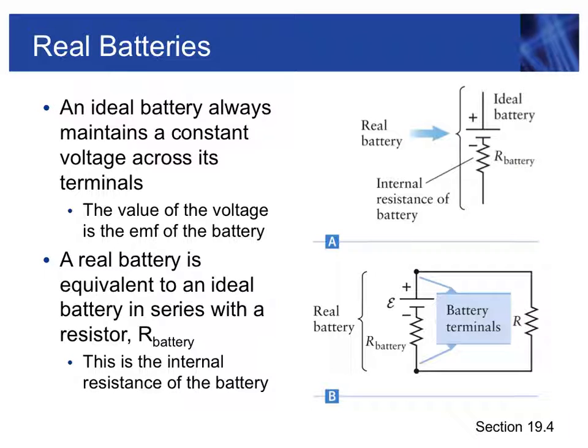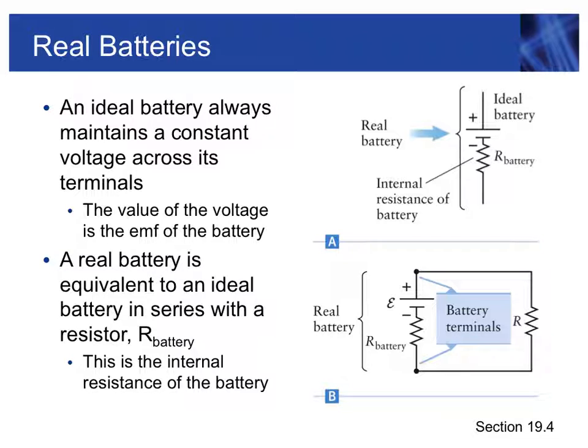A little bit more about batteries. A real battery is what we're actually using, but to solve equations it's a little bit more confusing, so we're using an ideal battery analysis. An ideal battery always maintains a constant voltage across the terminals, and the value of the voltage is the EMF of the battery. Also, a real battery is equivalent to an ideal battery in series with a resistor.